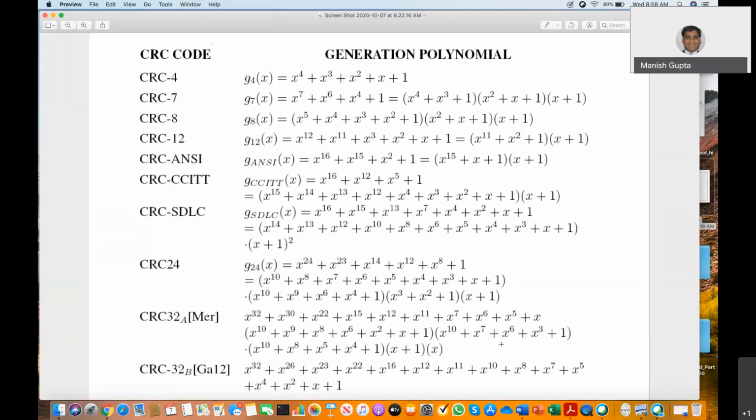So these are the standards which are used. Many times, if you have downloaded some big file, they do have CRC checks. So they say that you verify that the CRC check is correct. So these are standards.